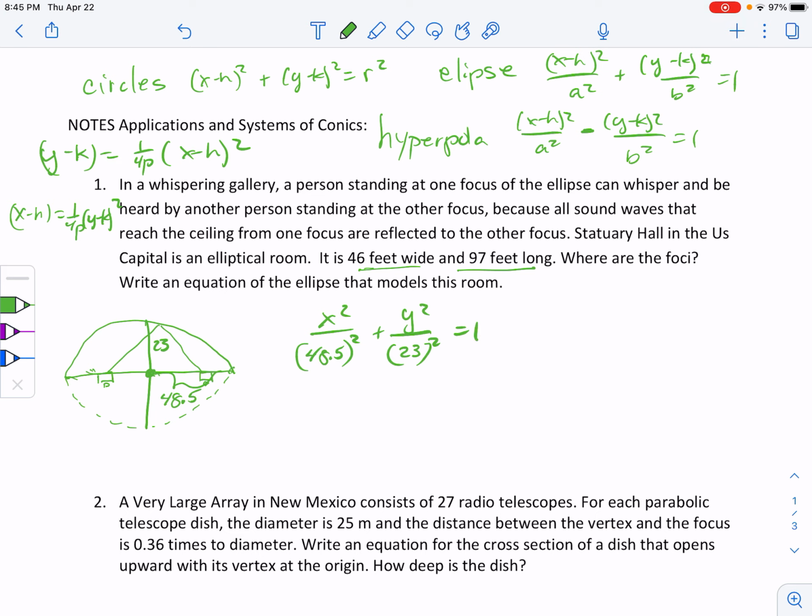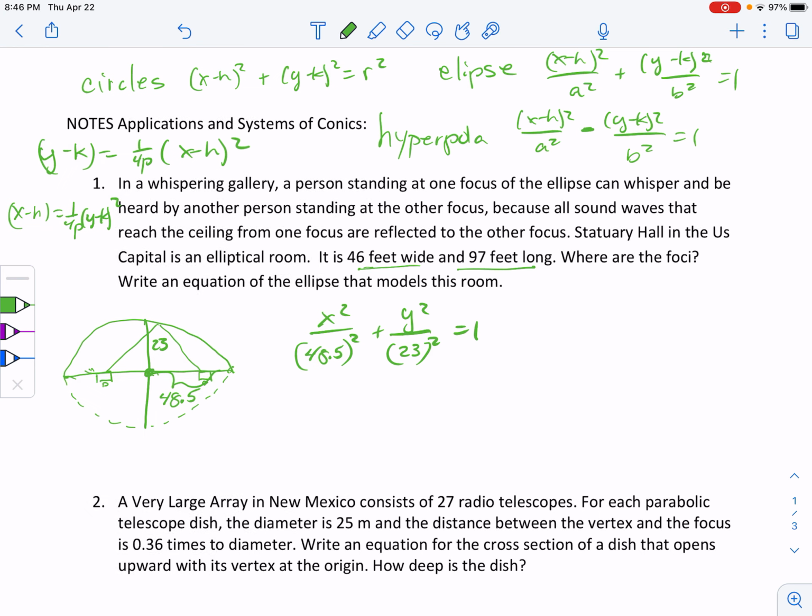And remember, for the foci, because this is adding, it's subtracting, so you subtract 48.5 squared minus 23 squared, and that'll give you c, which is the distance from the center. So 48.5 squared minus 23 squared, and then take the square root.